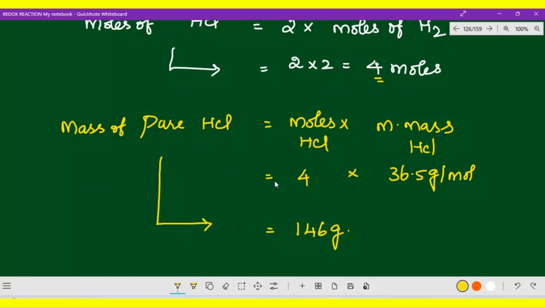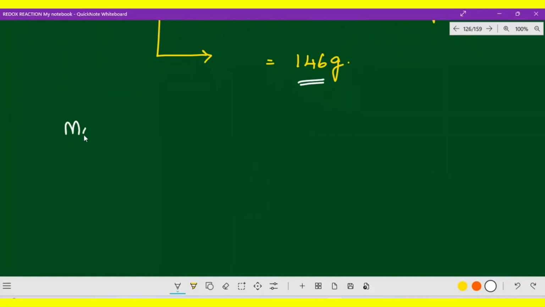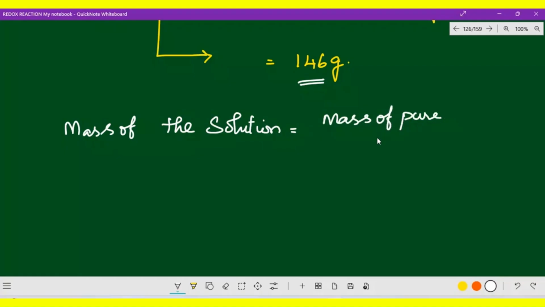See here, mass of pure HCl: this is mole and this mole will be cancelled, so this is the given mass. So 146 gram pure mass of HCl we got. Now next, mass of the solution. Mass of the solution is mass of pure HCl divided by percentage by mass of HCl.